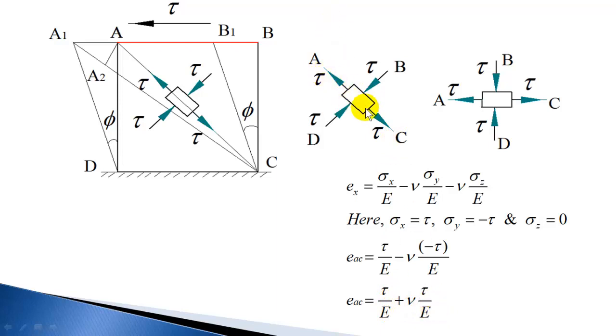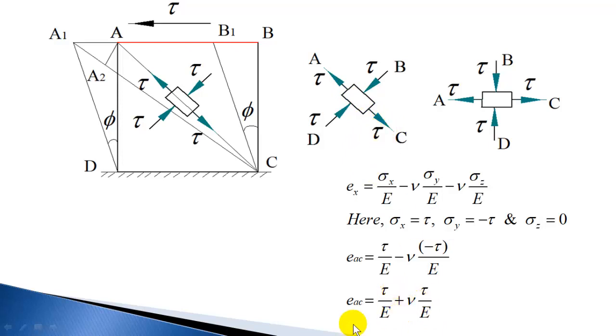That means because of this stretching, the diagonal AC is getting stretched, giving positive strain, and because of the compressive stress coming along BD, it is also getting stretched, positive strain only, because compression will try to elongate AC. So this part, the lateral strain induced by this compressive stress, is also positive, trying to elongate AC.